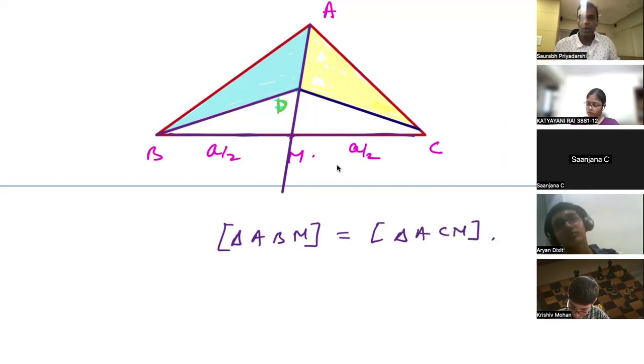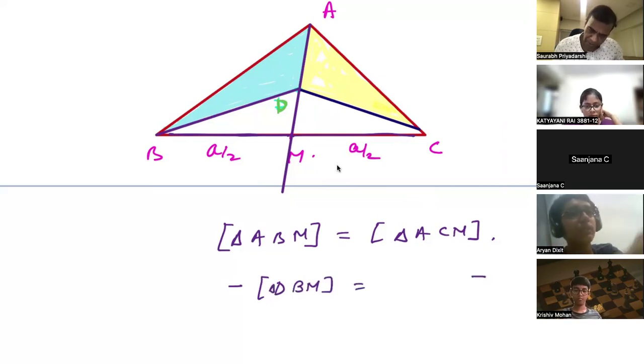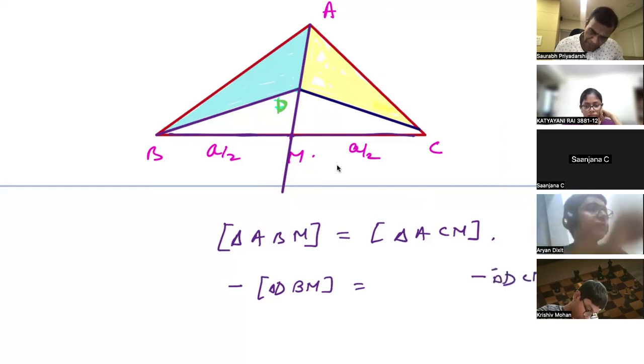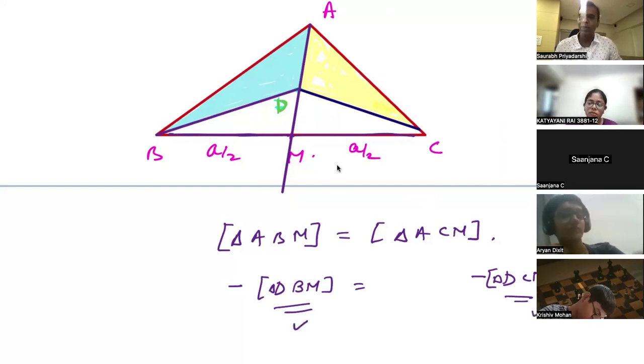Now, I can subtract the area DBM and I'm subtracting the area DCM. If I subtract both the areas, I'll get the area of what we required. Is this okay? But we have to prove that this and this, both the areas are the same.